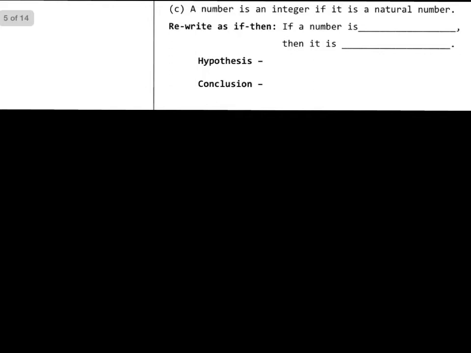So not all of your conjectures are going to be written in the if-then format. So if it's not, like this one, a number is an integer if it is a natural number, go ahead and rephrase that into your if-then statement to make it easier to find your hypothesis and conclusion. So we have the if, it's right there. It says if it is a natural number. So if a number is a natural number, then it is an integer.